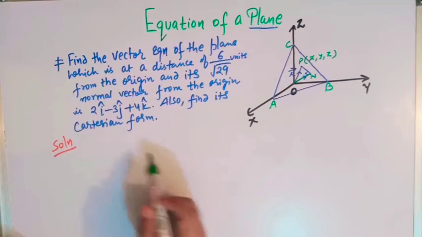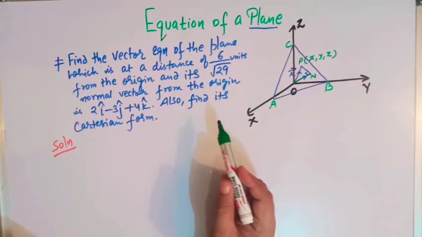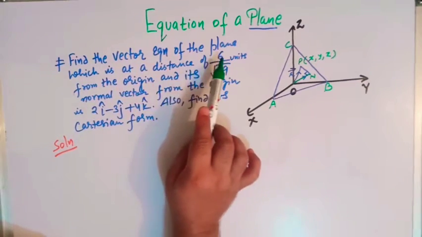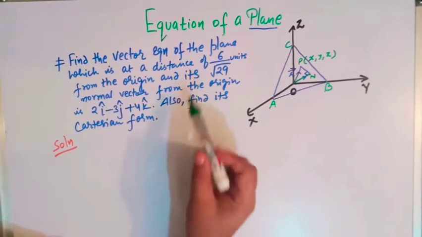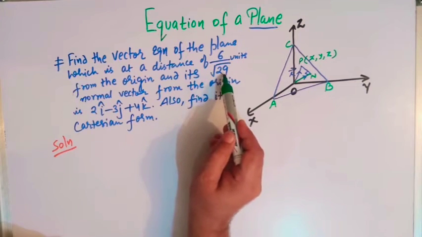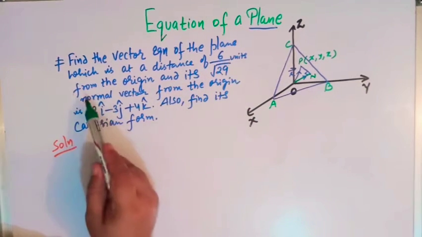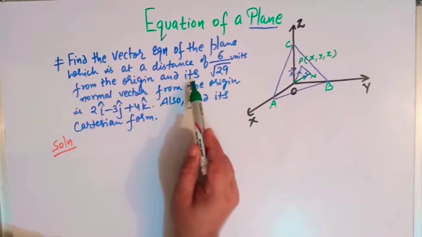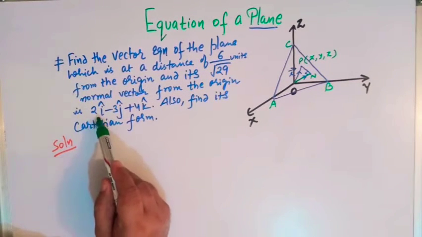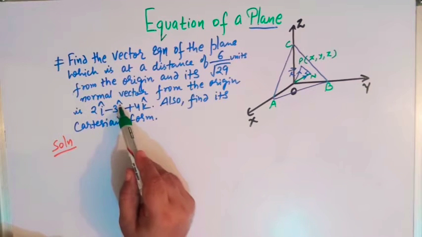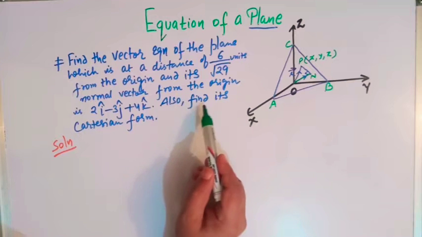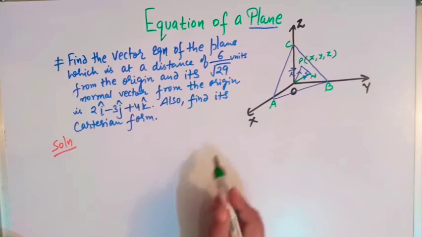Now viewers, let us take this important problem. Here we have to find the vector equation of a plane which is at a distance of 6 divided by square root of 29 units from the origin, and its normal vector from the origin is 2i cap minus 3j cap plus 4k cap, and also we have to find its Cartesian form.